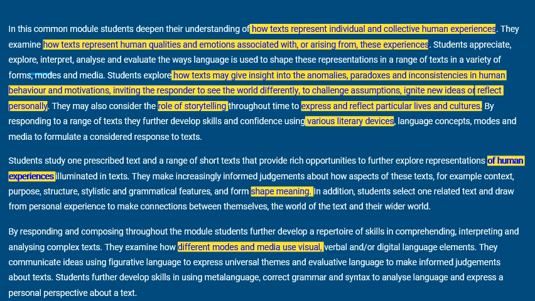There you go, the role of storytelling to express and reflect particular lives and cultures, your various literary devices, of course human experiences, but even going back to look at context, purpose, structure, stylistic and grammatical features, and form, how they all shape meaning. And of course, different modes and media use visual, verbal, and digital language elements.